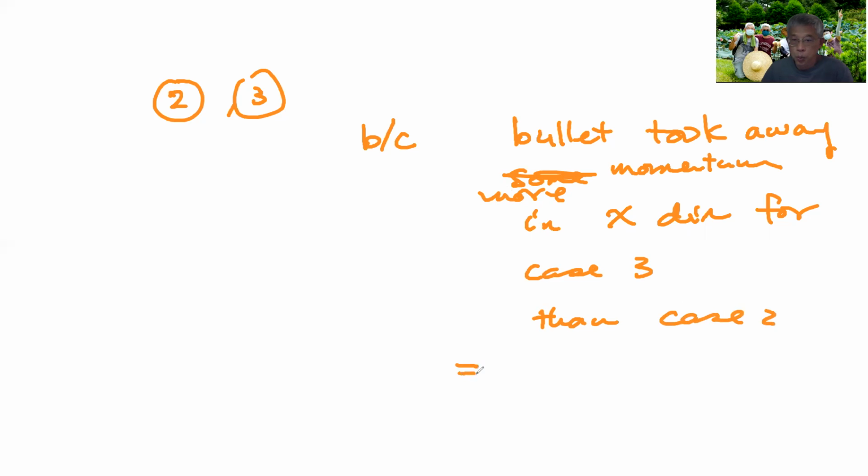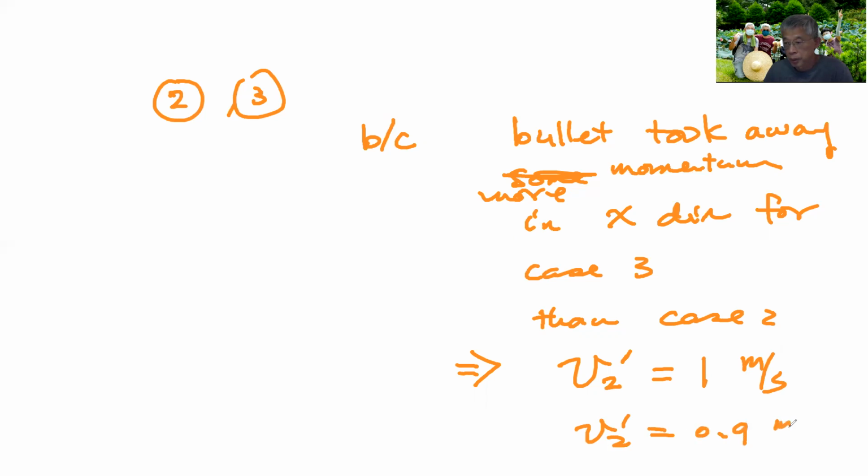Okay, so that's why the v2 prime in case 2 is equal to 1 meter per second. But in case 3, v2 prime is equal to 0.9. Because this bullet was coming this way with 10 to the 3, and after passing the mass, it went with 10 to the 2. So it took away 10 to the 2 meter per second momentum in the same direction.